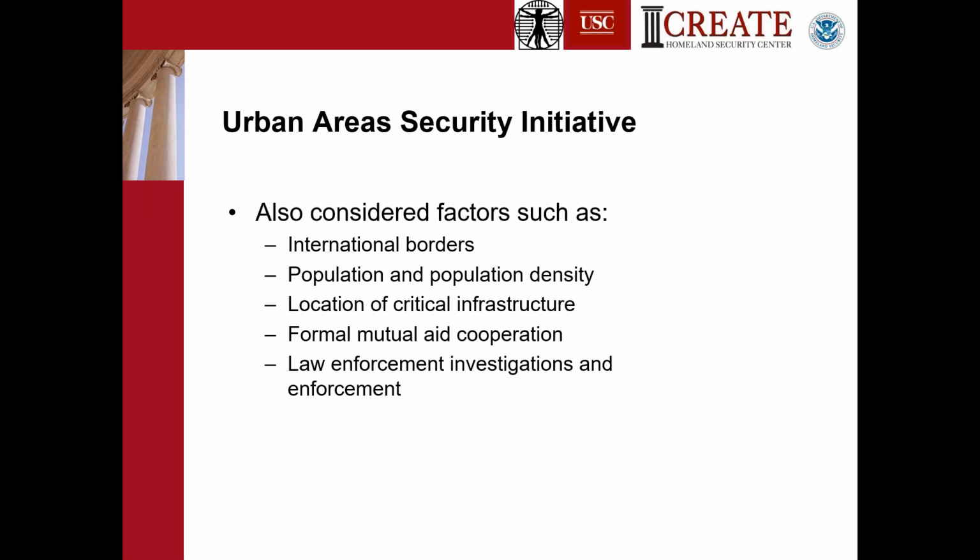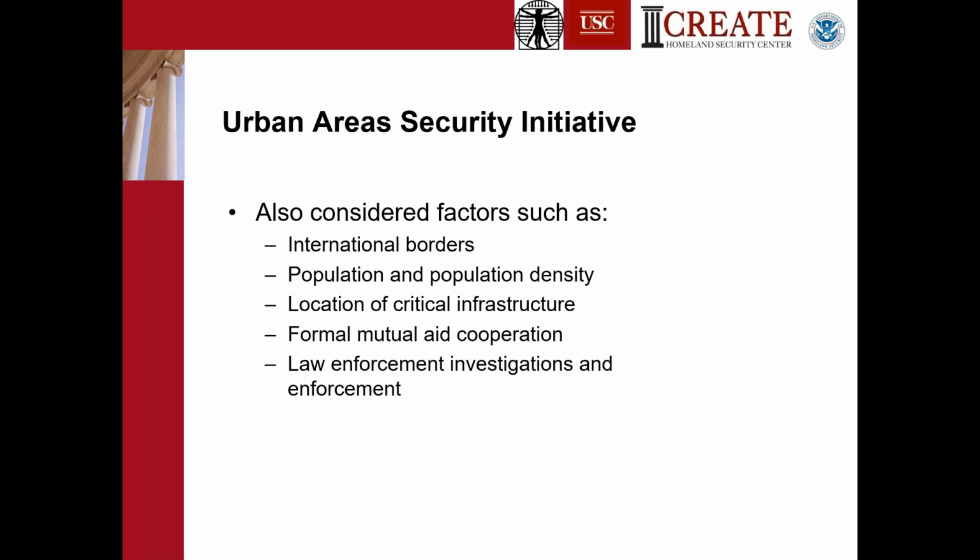Mutual aid cooperation. If a metropolitan area has mutual aid agreements in place between the major city and outlying areas, that can help a city's application by ensuring that any funding they receive is likely to be beneficially used. And finally, the result of law enforcement investigations and enforcement. Essentially, this is chatter.